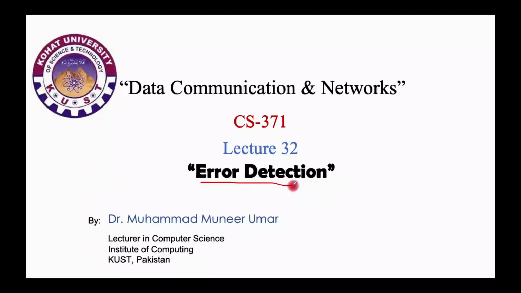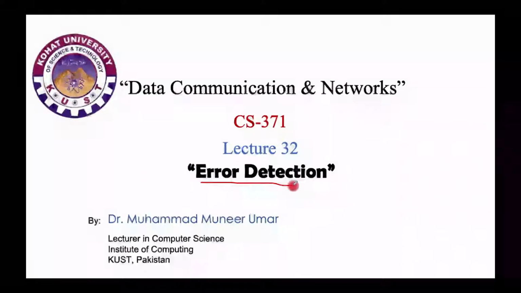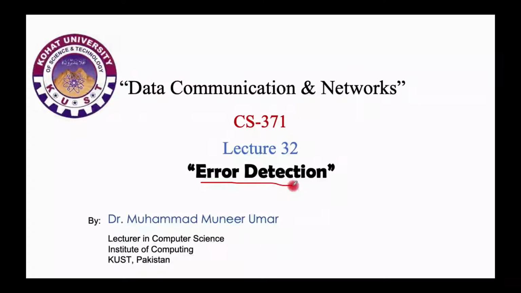So the corrupted data is caused by the corrupted bits, and we refer such scenario as error in the received bits. So in today's lecture, we will study about the detection of such corrupted or changed bits.